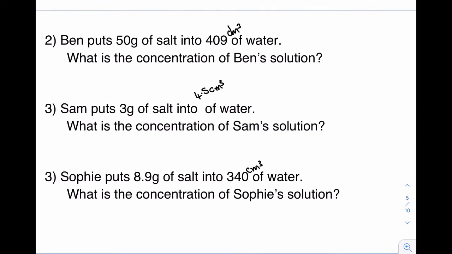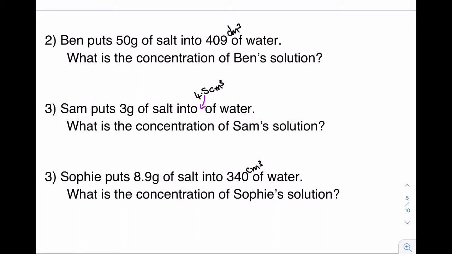So what I'd like you to do is have a go at these worded questions. It isn't as clear because it's not come out as well as I hoped when I wrote these out. They've missed out some of the units. So it says, when Ben puts 50 grams of salt into 409 decimetre cubed of water, what is the concentration of Ben's solution?